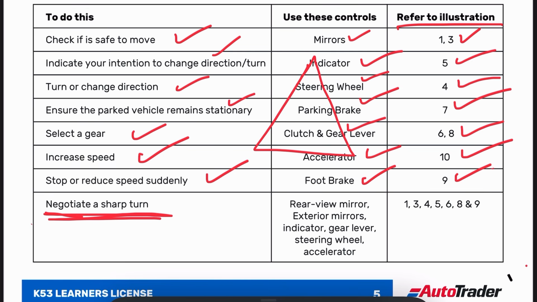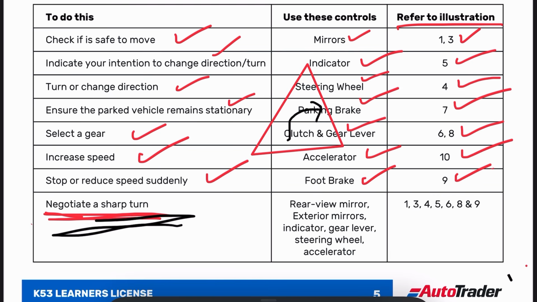It looks like this. So when you see this sign, that means you are about to negotiate a sharp turn. So these are the controls that you use.